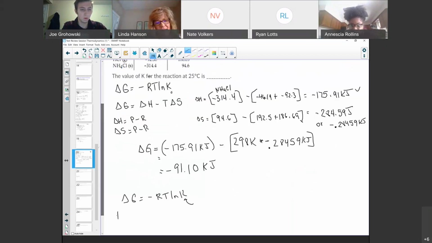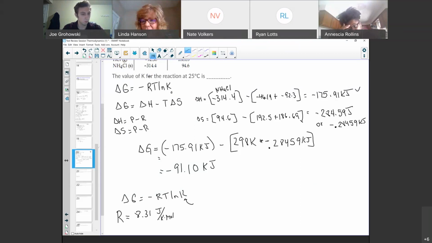You need to remember that R is 8.31, and that's joules per Kelvin mole. That's the ideal gas constant R. I have seen quiz questions where they provide that for you, but I've also seen quiz questions where it's not. And I do think the R constant is written on your equation page, just in case you panic and don't remember it.